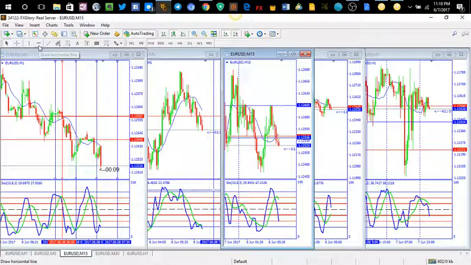I reacted while the indicator was extended into the oversold region and more likely to come into resistance. I'd really like to see this price hold below this level.